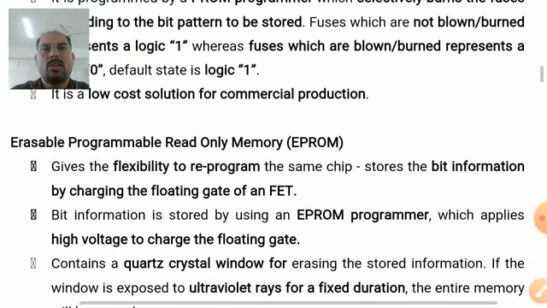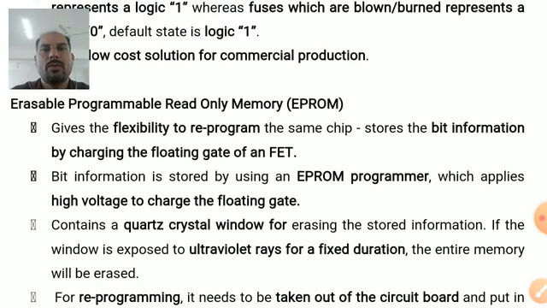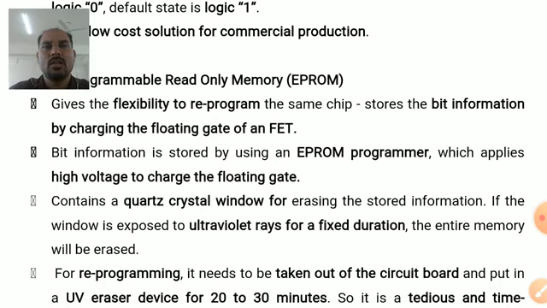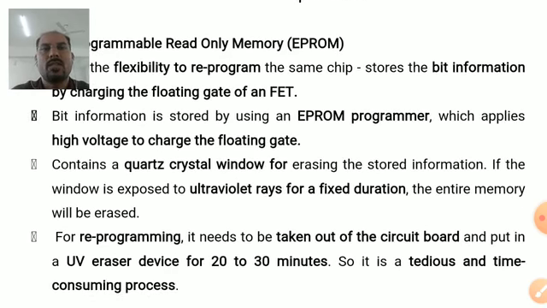Erasable programmable read-only memory, abbreviated as EPROM. These types of memories give the flexibility to reprogram the memory IC again and again. This type of memory stores the information by charging the floating gate of an FET. Bit information is stored by using an EPROM programmer, which applies high voltage to charge the floating gate.